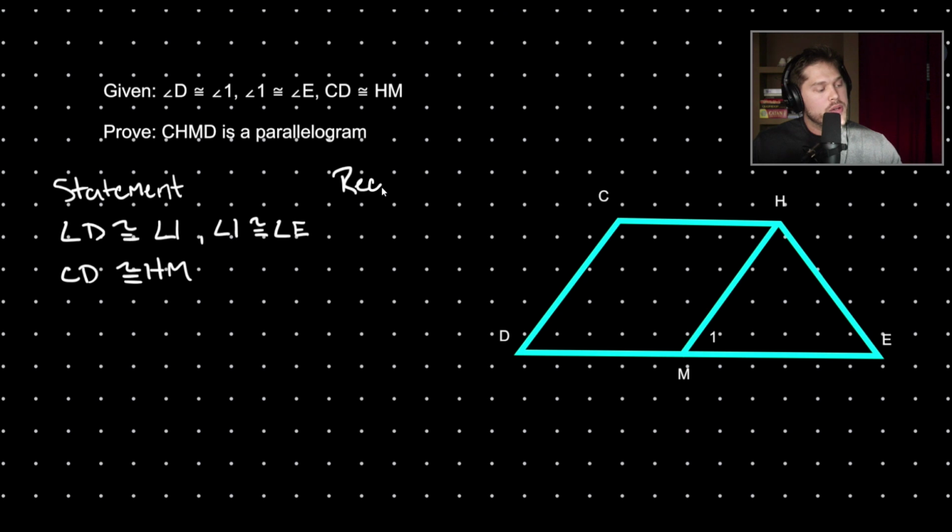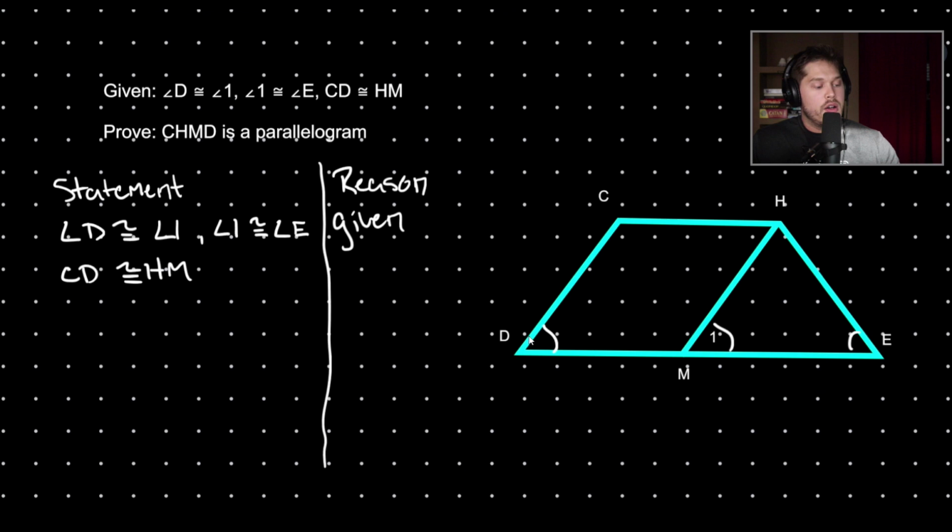Then, of course, we have our reason column. The first reason is, of course, the given. So we know that angle D is congruent to 1, which is also congruent to E. And that was all in the given.